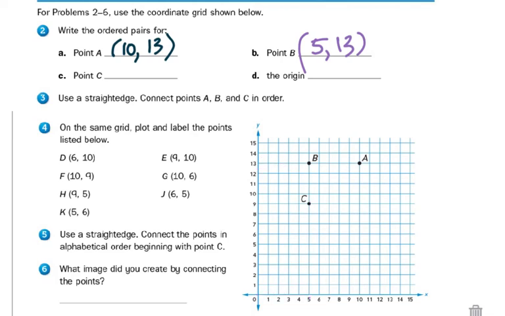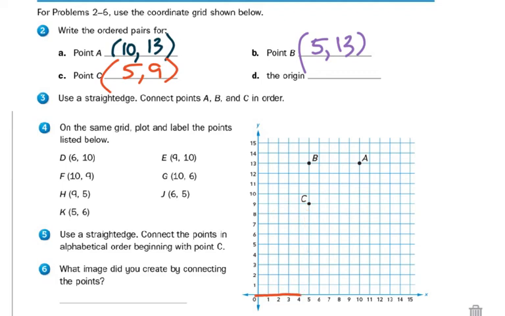Point C is here. Go over 5. Put a comma in between and up, and look over to 9. 5, 9.